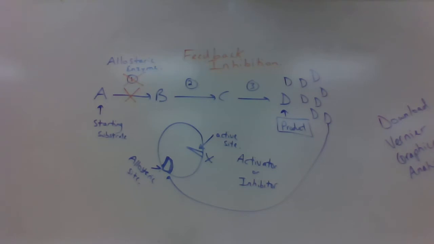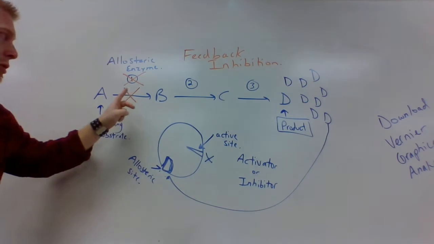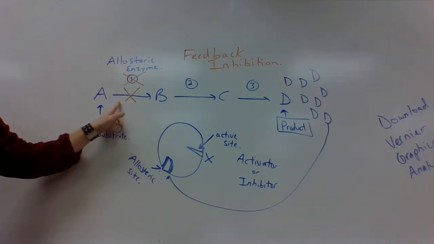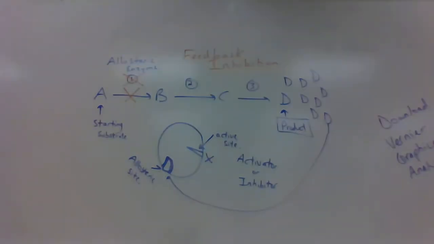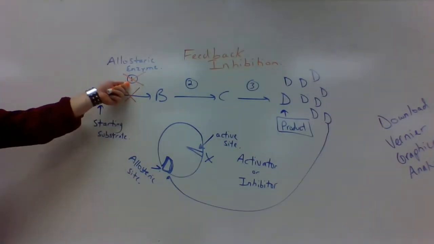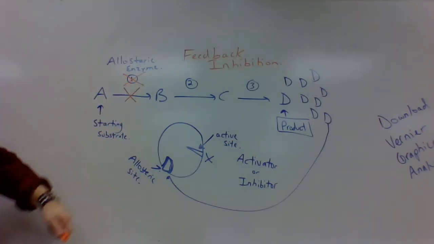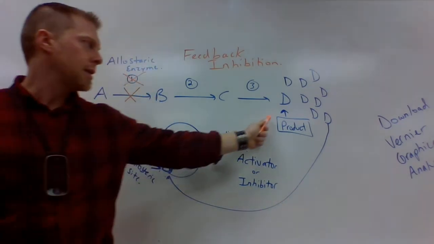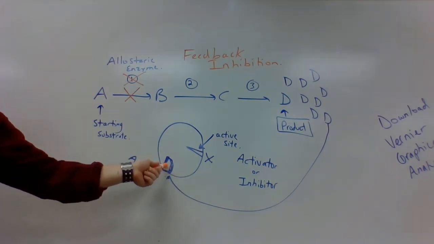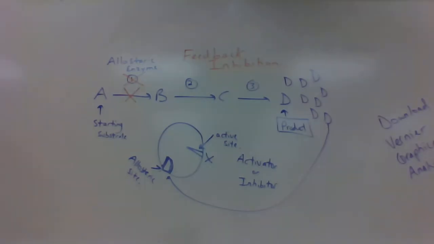When the end product builds up, the buildup of the end product is going to shut down the entire metabolic pathway. When you shut down a pathway, you want to shut it down from the beginning. So that means our very first enzyme is going to be an allosteric enzyme, which has the ability to be turned off. Right? So D works as an allosteric inhibitor, shutting off this allosteric enzyme, turning off this metabolic pathway.